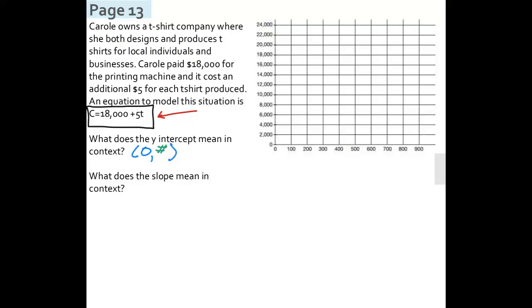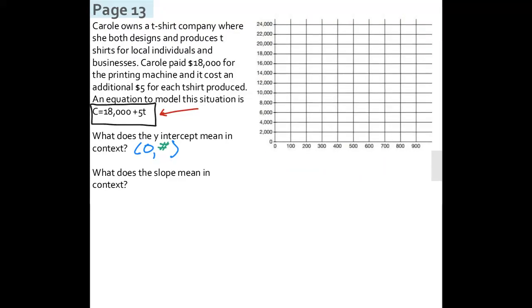In other words, along here, what are these amounts down here for? Yeah, this is the number of t-shirts. Okay, if this is number of t-shirts, then that means t here is 0.